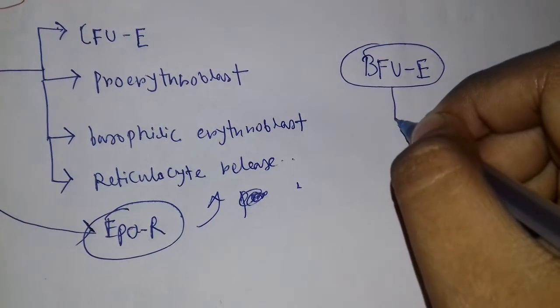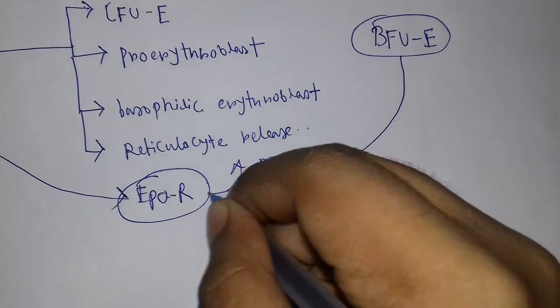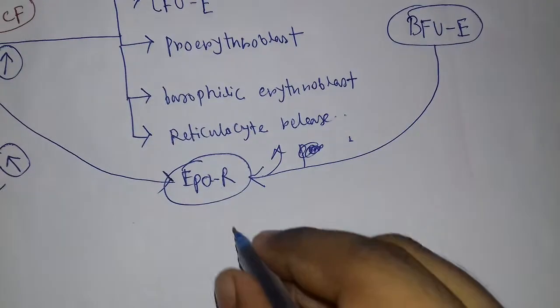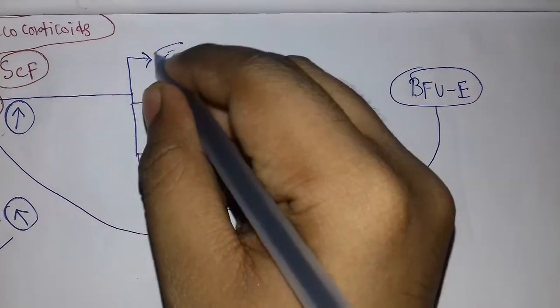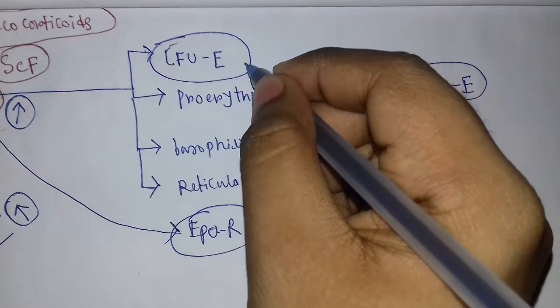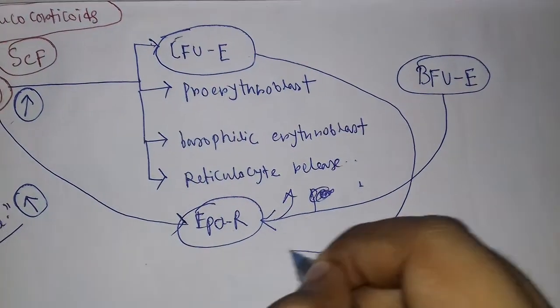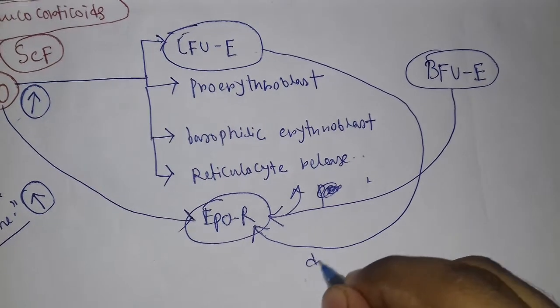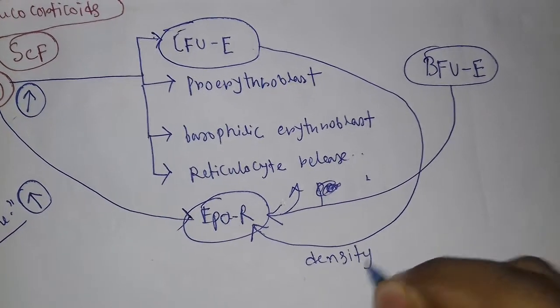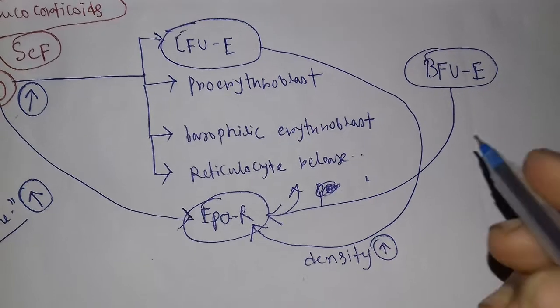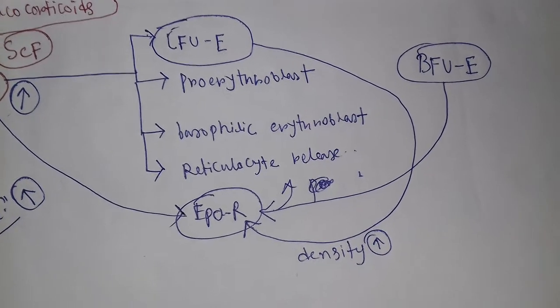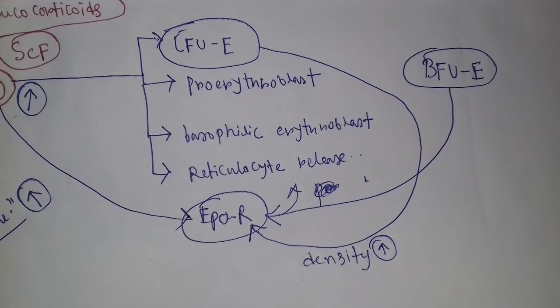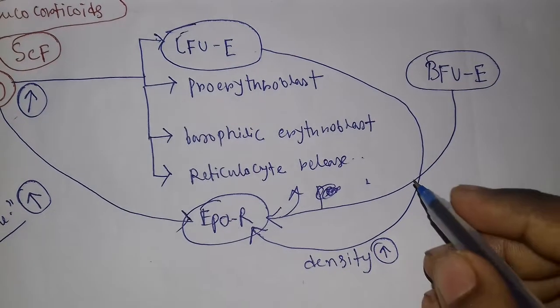It basically expresses these EPO receptors, and this erythroid colony forming unit increases the density of these receptors. Thus it helps in the action of this EPO, we can say.